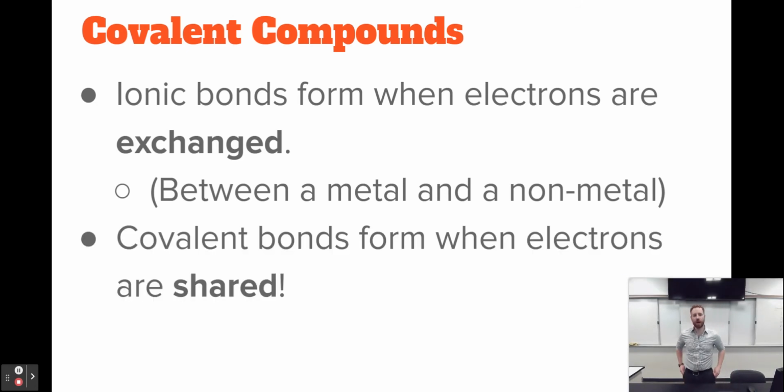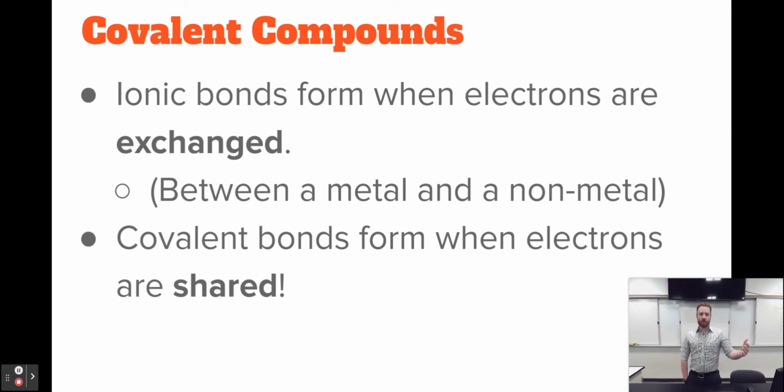Now, covalent bonds, which is the new type of bond we're talking about today, is formed when electrons are shared. So, for example, let's think about two atoms that both want to gain an electron.